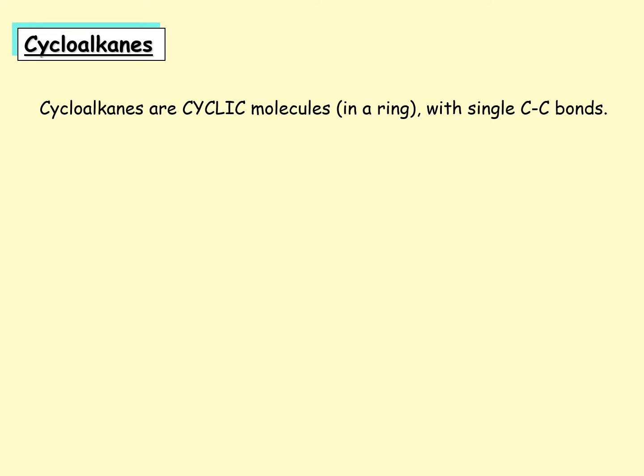Firstly, cycloalkanes. These are cyclic molecules, which means that they are in a ring, and they contain only single carbon-carbon bonds like the alkanes do. They're named cyclo, then our prefix, meth, eth, prop, but, pent, hex, hept, or oct, and end in ane, so cyclo-something-ane.